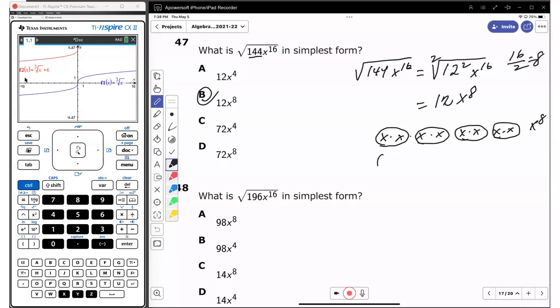And then if we do it again, we have x times x, x times x, x times x, x times x. So we have x to the 16th. So we could make 4 groups in the first row, 4 groups in the second row. That's why it simplifies to 12 times x to the 8th. Or you can just divide 16 by 2 and that gives you 8. And you know that 12 squared is 144. The square root of 144 is 12.